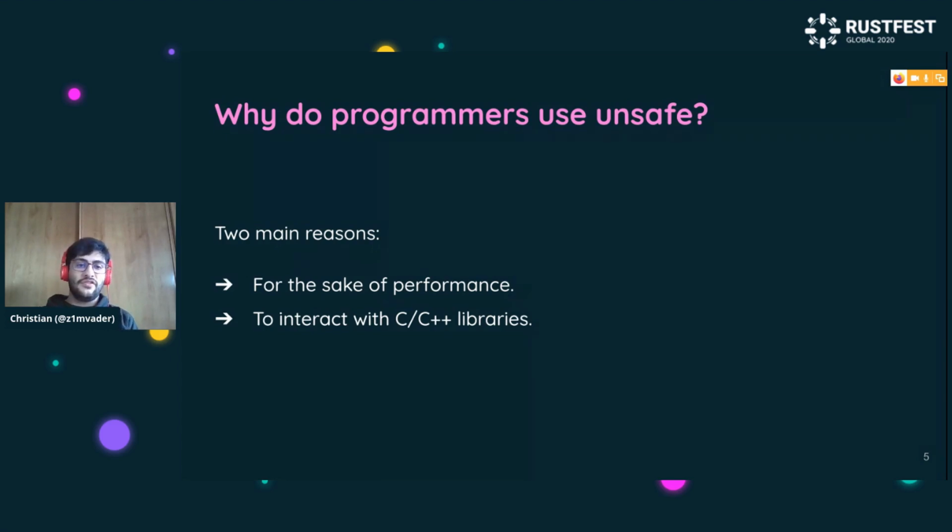Before even talking about undefined behavior, I think it's important to discuss why people use unsafe Rust in the first place. There are 2 main reasons. The first one is that some people use unsafe because they are very invested in performance. They want their programs to run super fast.